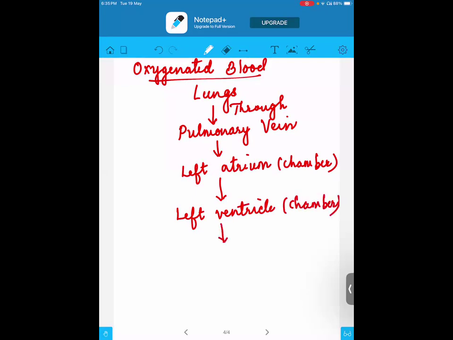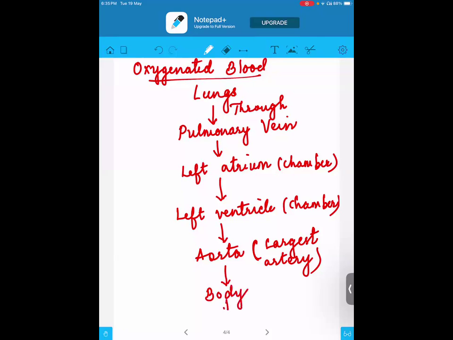Now, once the left ventricle is full, they will be giving it to the aorta, and aorta is basically the largest artery. This is important for your one marker question. So aorta is the largest artery. Now, once it gives to the aorta, aorta will be sending it to the body where it becomes deoxygenated again. So that is how the movement is happening.